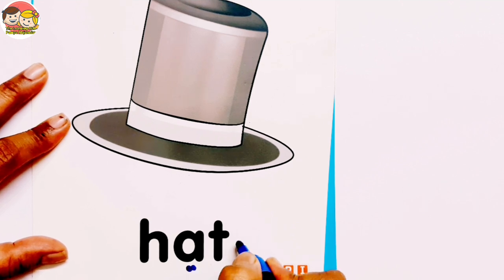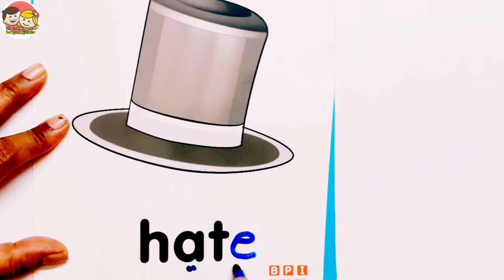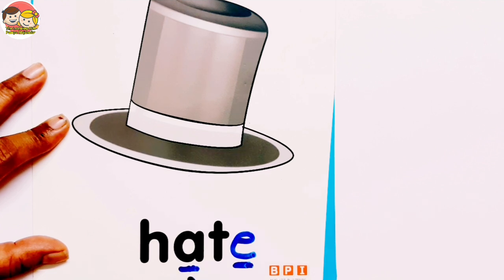But when we put E at the end of the word, it becomes silent. Shh. This is known as the magic E. The magic E changes the short vowel sound into a long vowel sound, like hate.